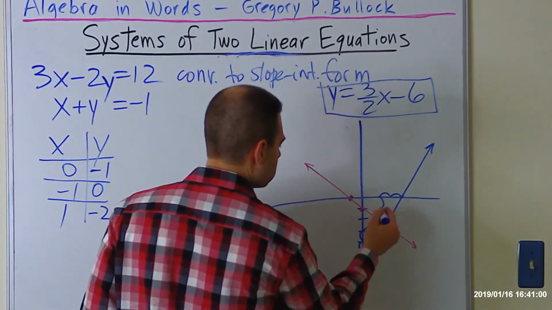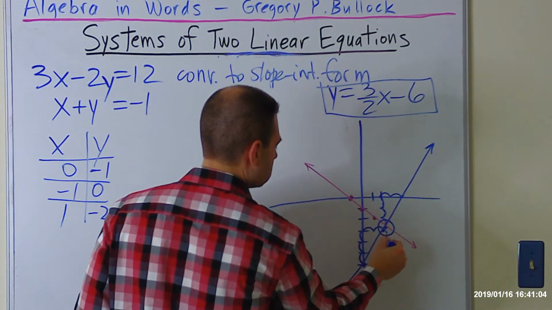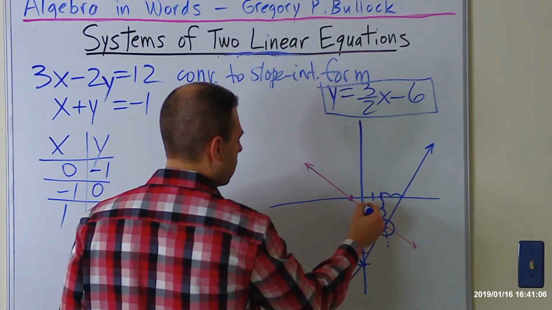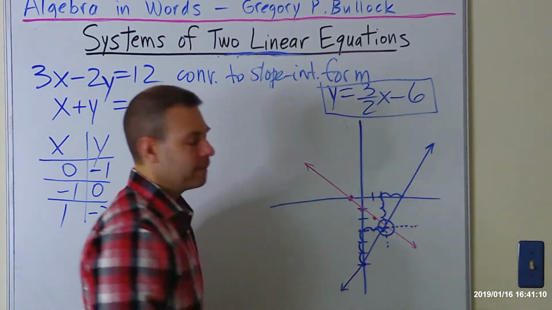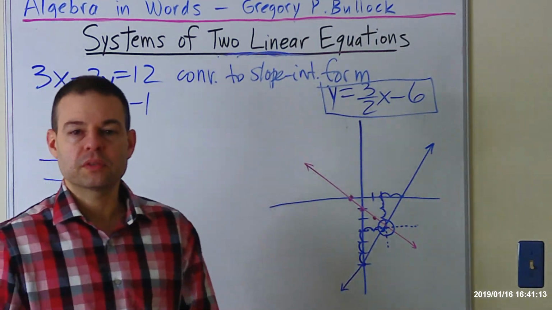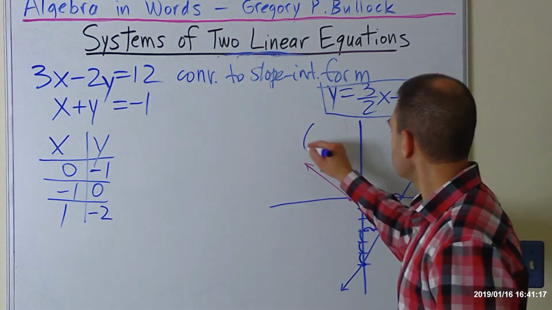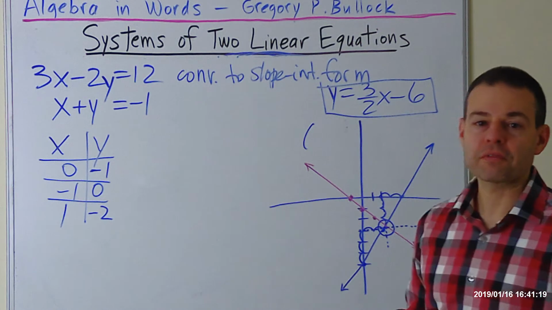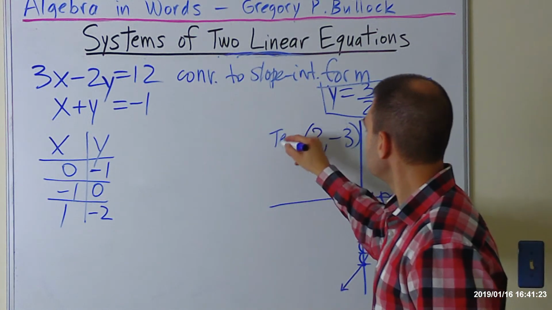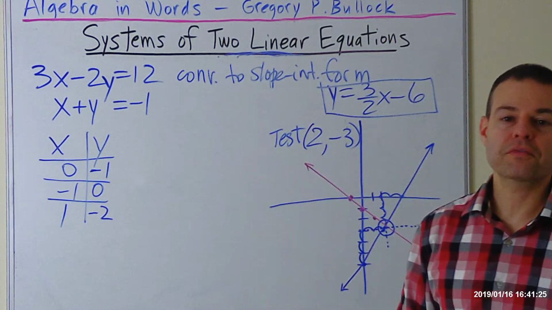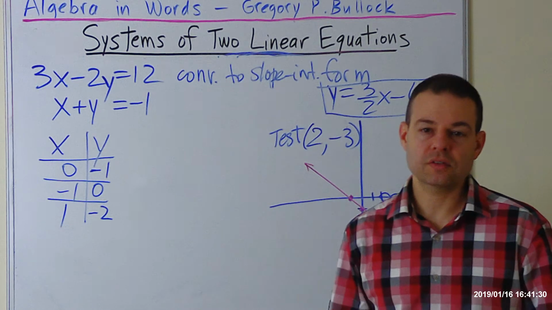So if this is 2 units here, and this is down 1, 2, 3 units here, then just with judgment, I'm going to say that this point is 2, -3. And I wrote test by it because we don't know if that's the answer yet. It's just a test point.